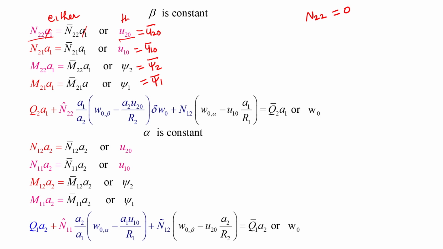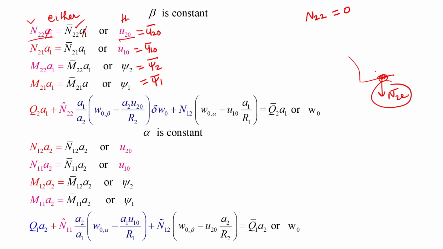You can cancel it out right now, or you can take it as it is, there is no problem. That N2 will be equal to applied N2. So, on an edge, you may say that I have applied N2, the external in-plane resultant, then at the boundary the internal stress resultant N2 will be equal to N bar 22.